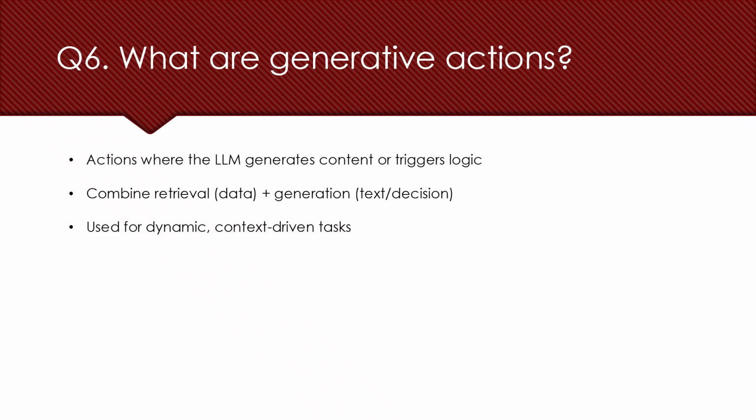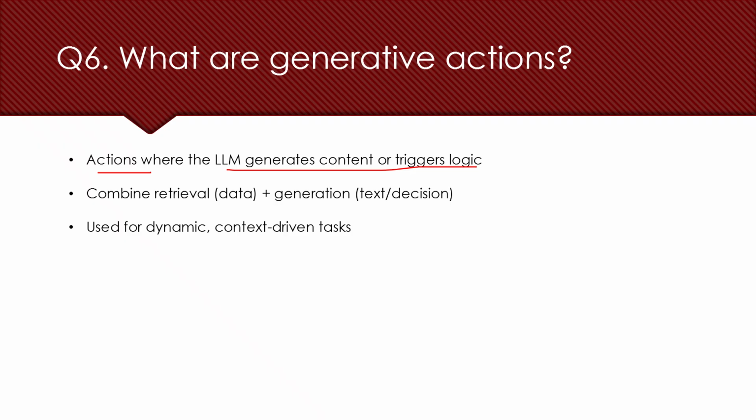Generative actions blur the line between simple retrieval and action decision making. So they require careful prompt design, validation rules, and security checks. So, what are generative actions in simple words? Those are the actions where the LLM generates content and/or triggers logic.